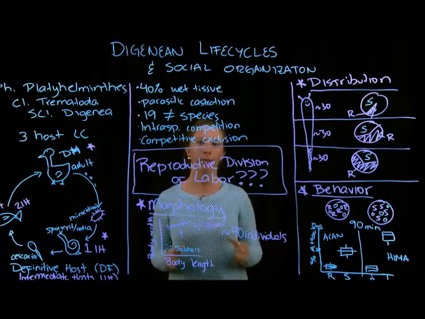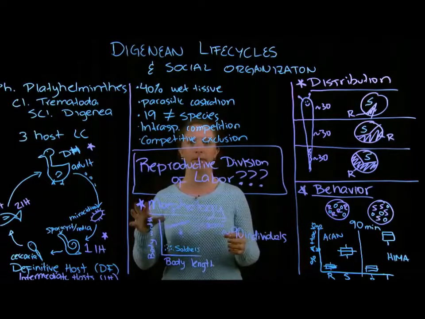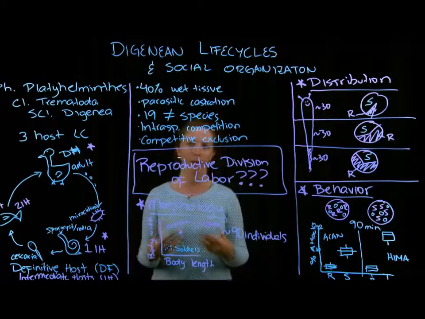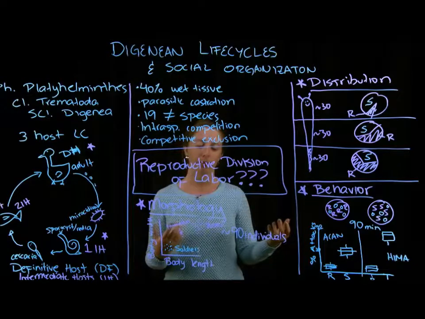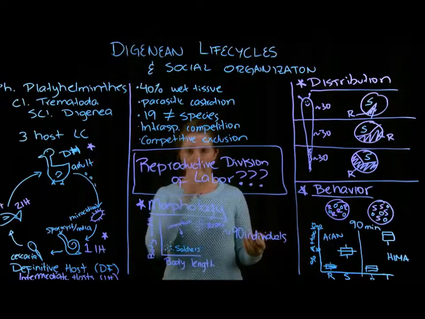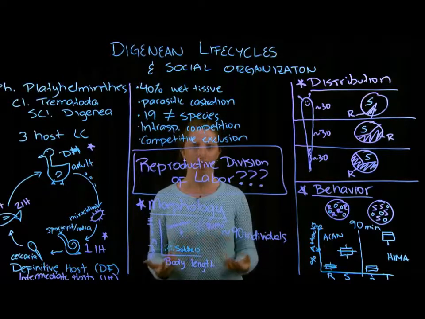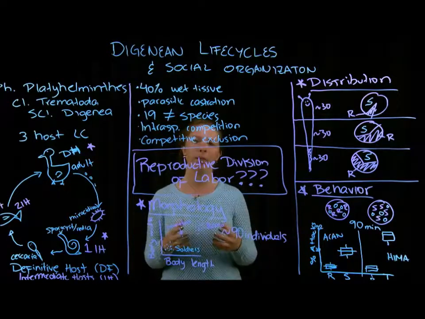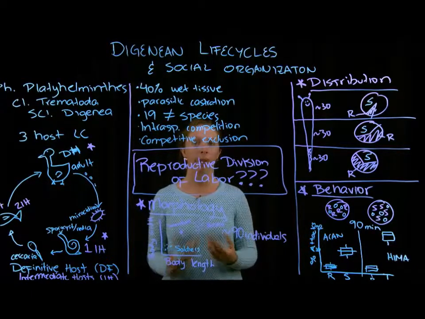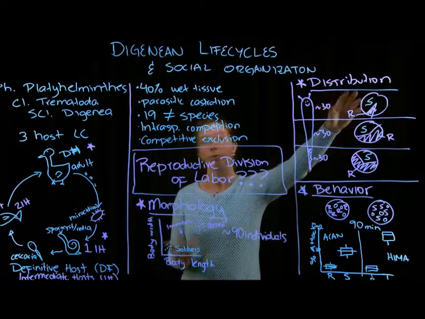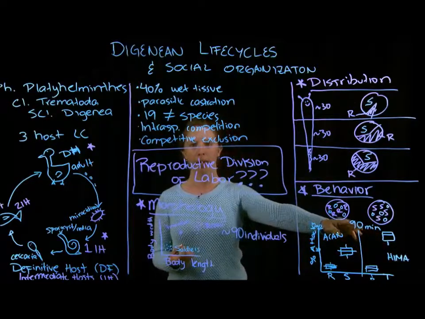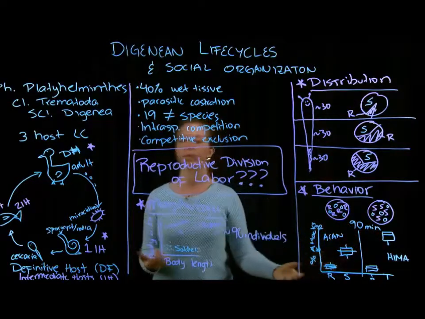And then we have two very different morphs, where one, the reproductives, are specialized for reproduction, as we can see, because they have developing offspring inside of them that will then leave the parasite and the snail to continue on with the life cycle. But also we have many, many smaller sterile individuals that have really big mouth parts compared to the size of their body. These small ones are very common in the front of the snail, where we would expect invasions to occur. And also, they attack at much higher rates than their reproductive counterparts do.